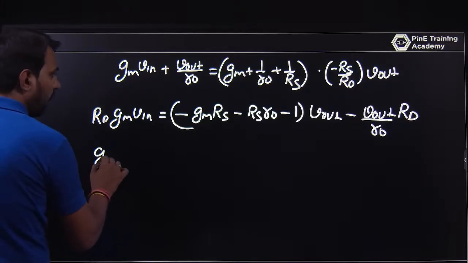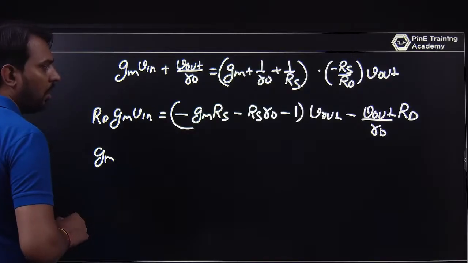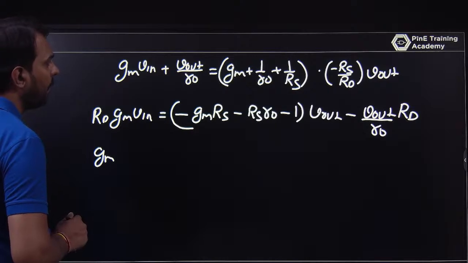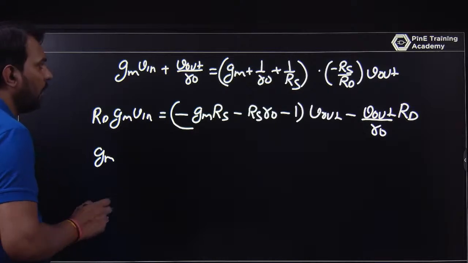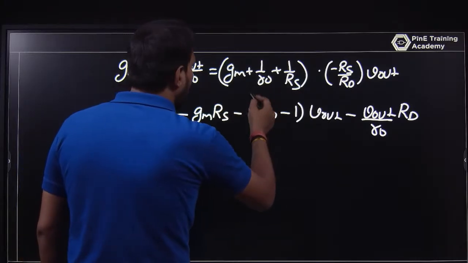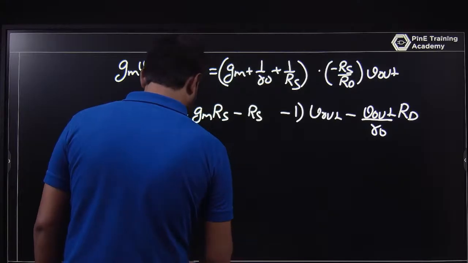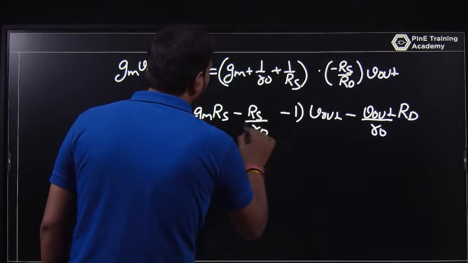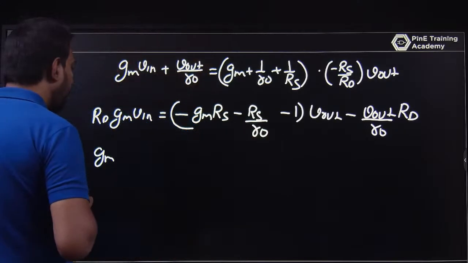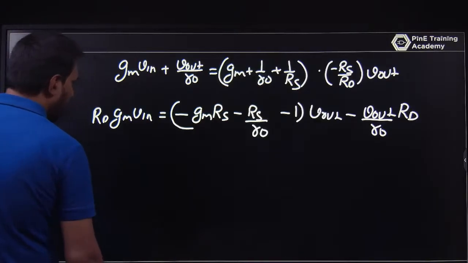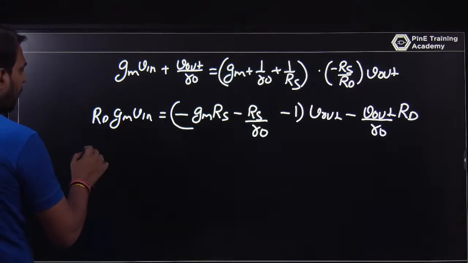So Gm, if you multiply with what? Okay, why is this Rs upon R naught? This is not like this; it is Rs upon R naught. Okay. You multiply with R naught here.